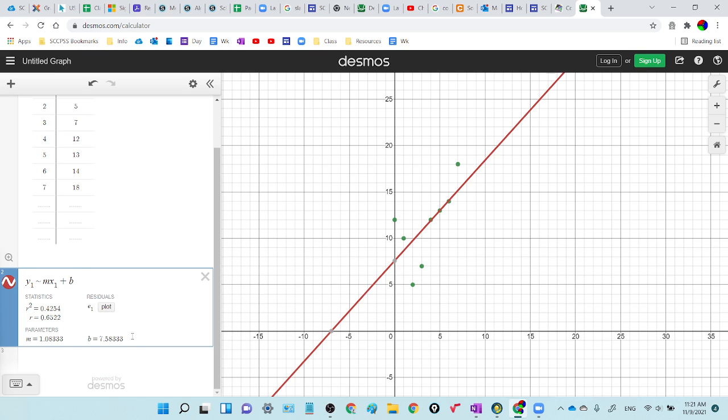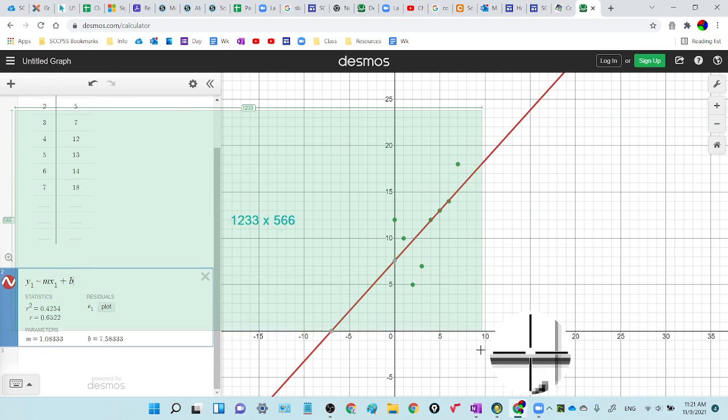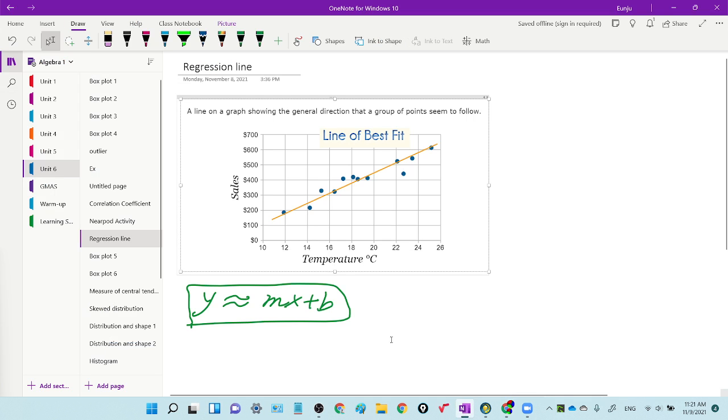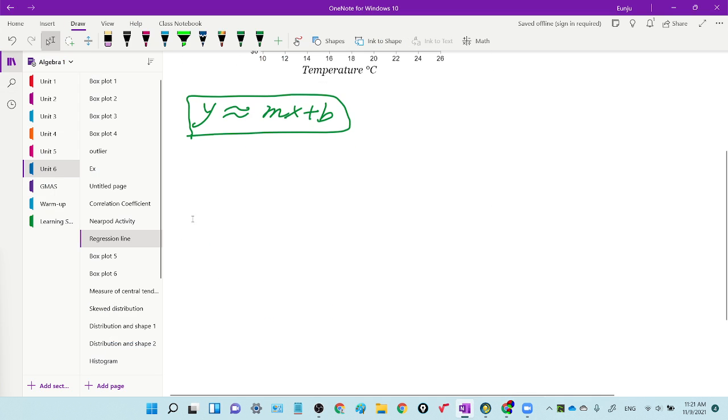And in this result, I have a lot of values, and I'm not using all of them, okay? R squared is called coefficient of determination, but we are not using it. We may use it in AP statistics. And the little r here, that's what I want, okay? Little r. Okay, let me copy all of this so I can write on the same page.